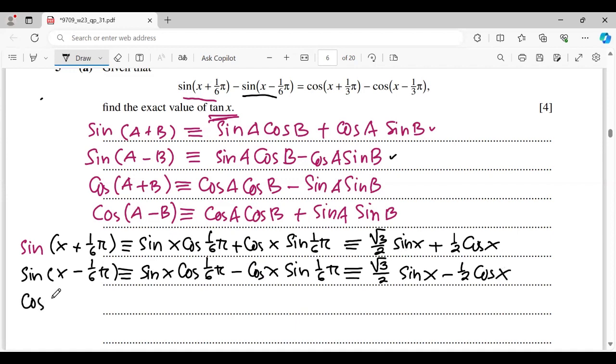Next, cosine of x plus 1/3 pi. It is cosine x cosine 1/3 pi minus sine x sine 1/3 pi.